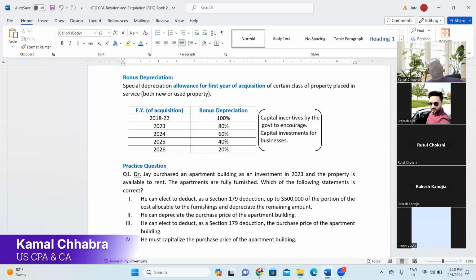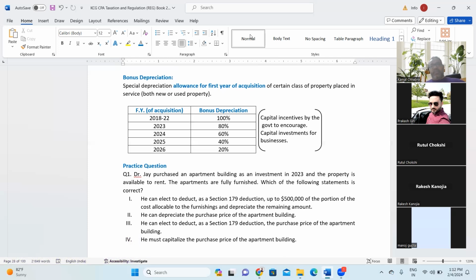There is no information provided that section 179 is applicable to this property, because it is not an investment in plant machinery or in a special economic zone where additional depreciation is being considered. So the third option will not be considered.